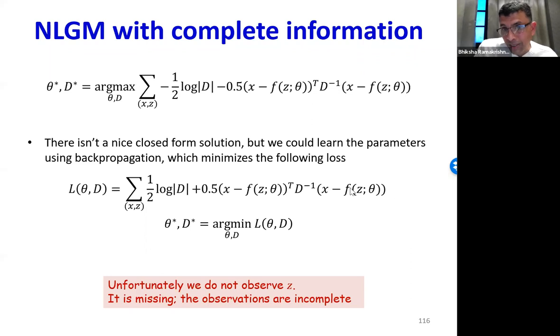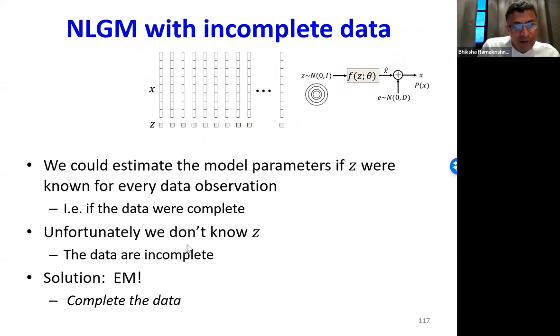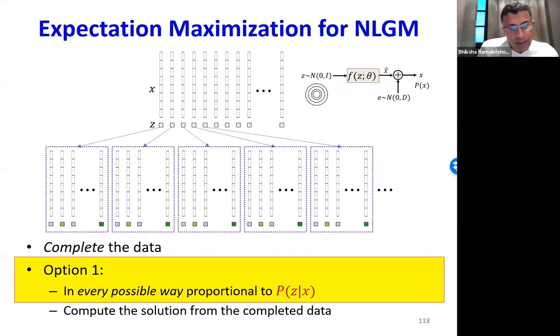We sampled Z from a function that closely approximated the posterior probability of Z given X, correct? You want to sample Z from, we're going to complete the data. We don't know Z, the data are incomplete, we're going to complete the data.